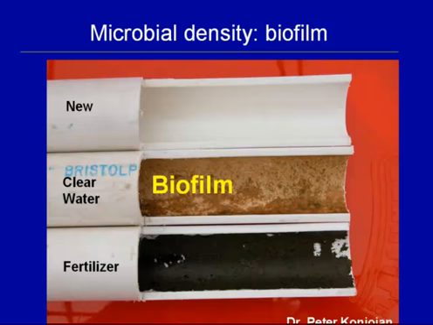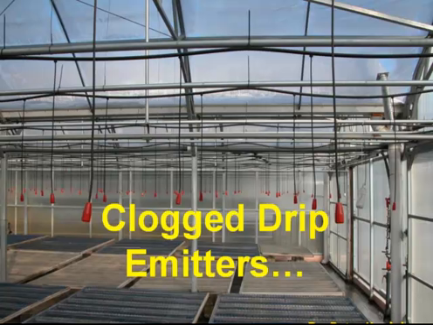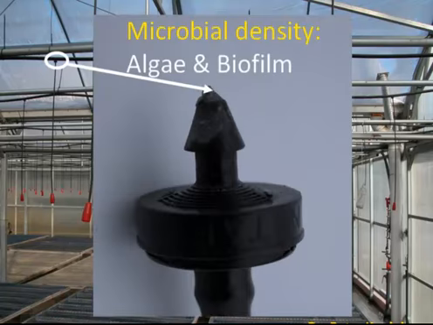What we're seeing in the middle line here is clear water passing through an underground pipe, and when we add a nice nutrient source, our fertilizer, then we have an algae biofilm complex that develops even in the absence of light. Out in the greenhouse, we get clogged drip emitters where if we look closely, we can see that there's this goop that's forming that is a complex of different microbes.